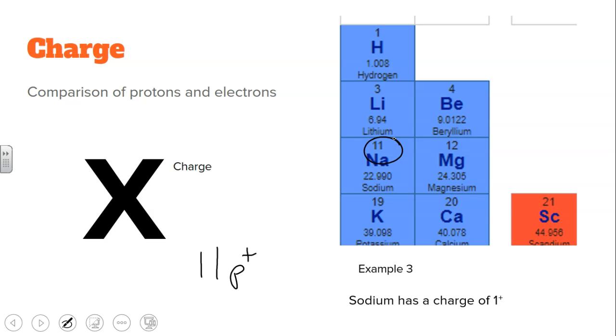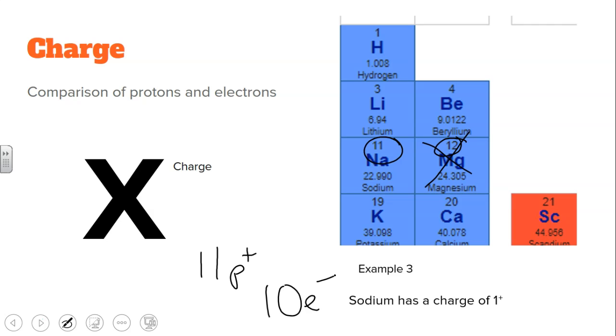That can't change; if we change the number of protons, we change the element. The only thing that can change is the number of electrons. So how do we get sodium that has 1 more proton than it has electrons? This means you're going to end up with 10 electrons in your sample of sodium.